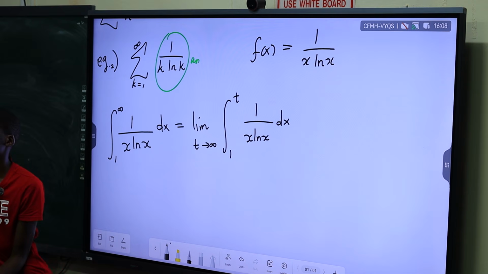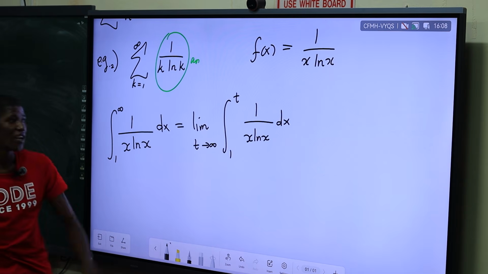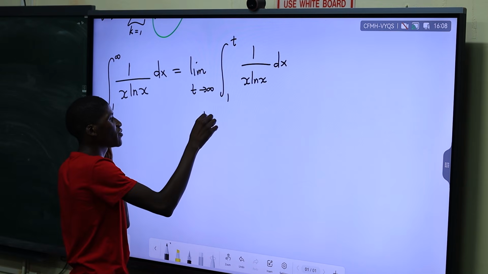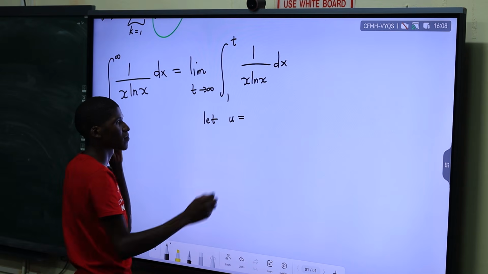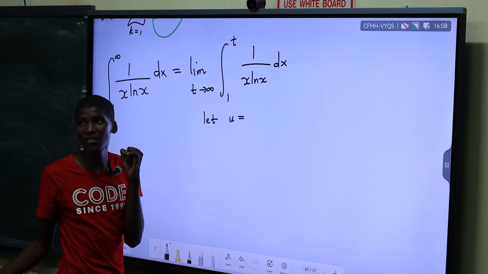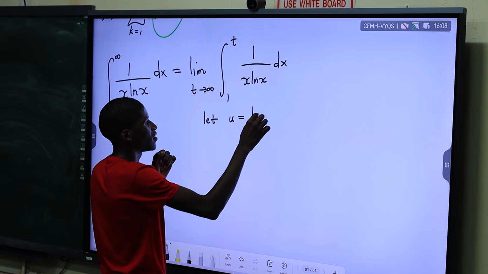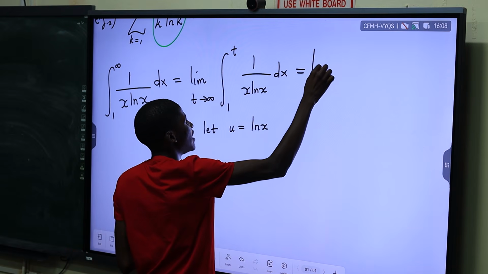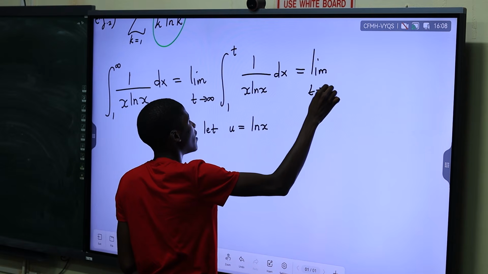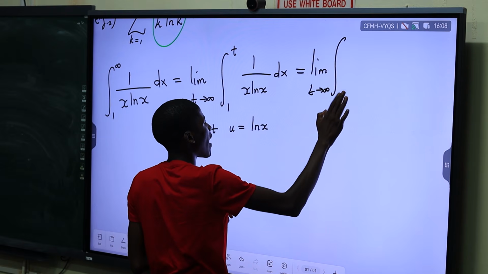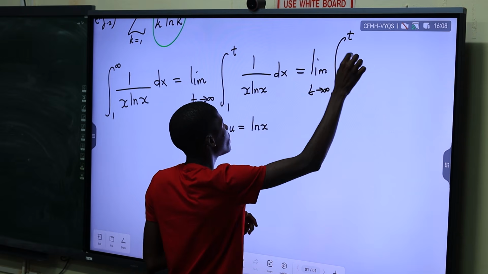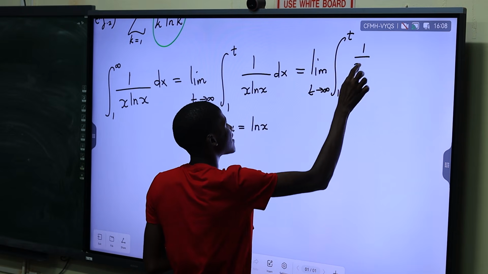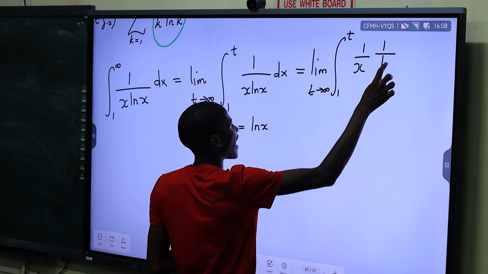What's the best way of evaluating the integral? U substitution. What is going to be your u? u will be ln x. So let me rewrite it again so that others can see where the u substitution is coming from: the integral from 1 to t of 1 over x times 1 over ln x.